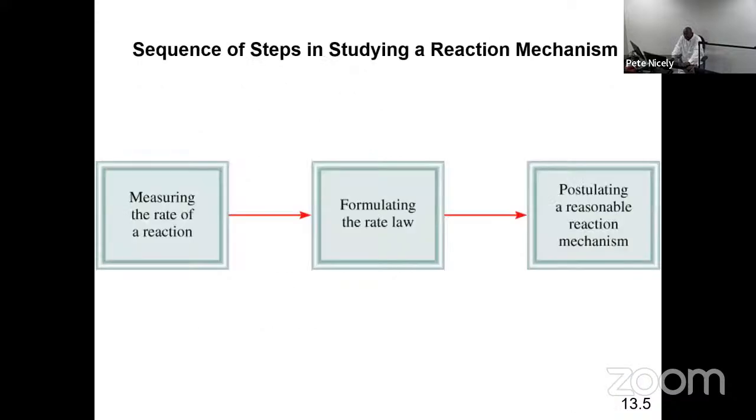Okay, so basically these are the steps involved in trying to determine a reaction mechanism. A lot of chemists, I don't know the term, kineticist is the term to use, but there are chemists who, that's all they do. They look at reaction rates and try to determine mechanisms of reaction, which is important, especially when it comes to understanding, for example, the mechanism of drug action.